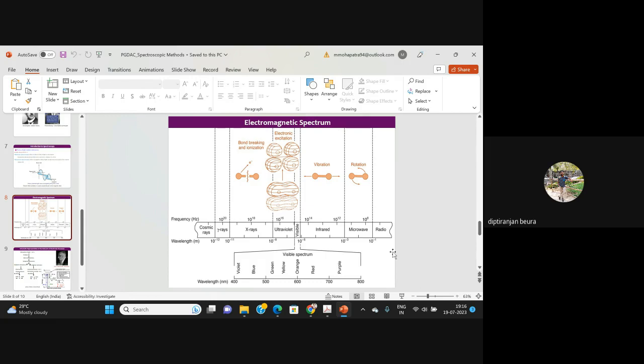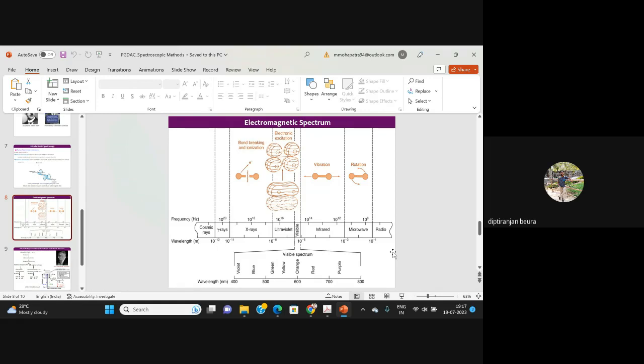Ma'am, what is the range of radiations that we can use in Raman spectrometry? Visible, IR, mostly IR. But when Raman started his experiment, he used sunlight as the source. He focused the sunlight with a telescope to conduct his experiment.